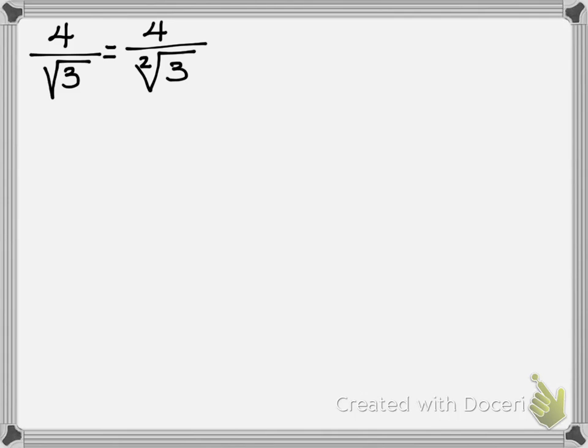The reason is, if you look at the bottom radical expression, which is the denominator, this tells us we need a group of 2. Since we need a group of 2, to get rid of the radical sign, we need another 3.